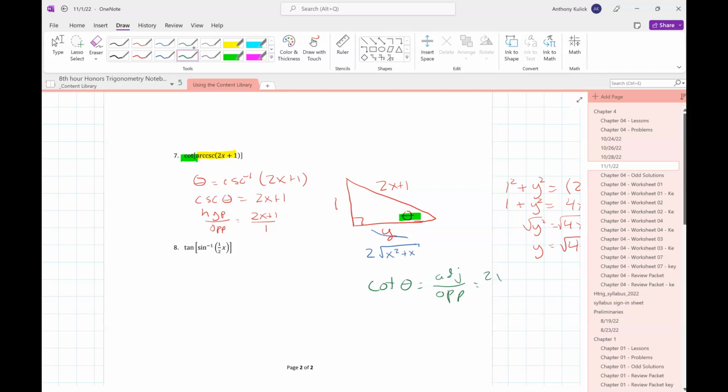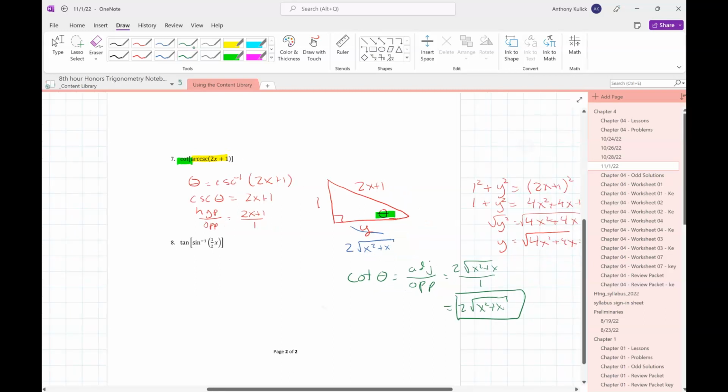So that's going to be 2 square root x squared plus x over 1, or just 2 square root x squared plus x. And that would be my final answer. So I use the inside stuff to build my right triangle, and then I execute the outside part on the right triangle I built, is the general process. Tessa, does that feel okay to you?